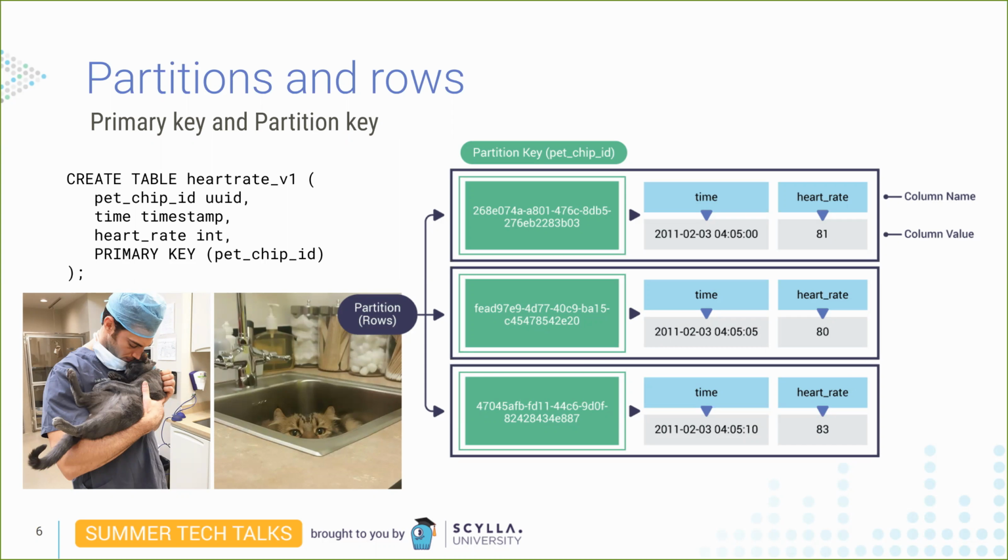In this case, since we have only one column in the primary key field, Scylla will understand that the partition key is pet chip ID. And just like SQL, since we are reading every 5 seconds, and the primary key must be unique, every 5 seconds we are updating our data. This certainly is not the ideal solution for a pet clinic.